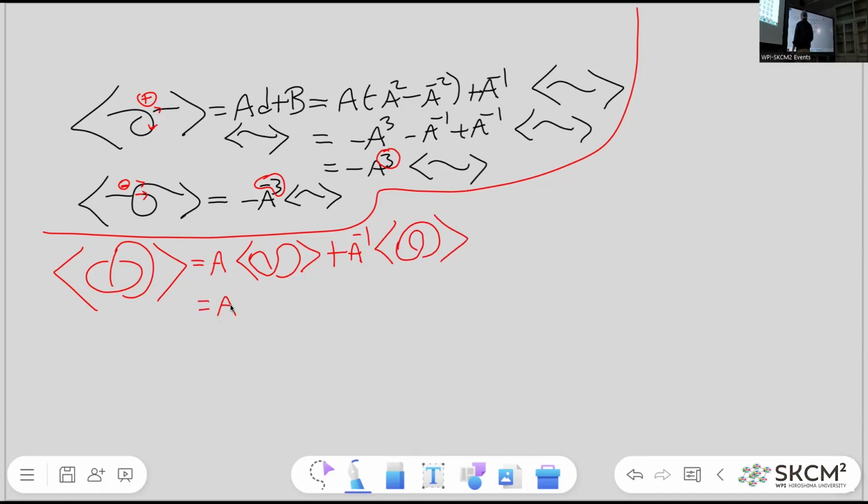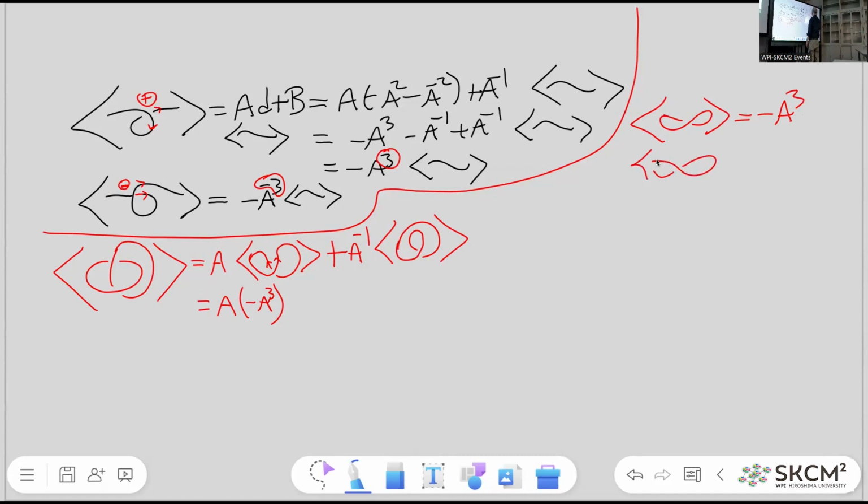This is going to be A times, what have we got here? We've got a certain kind of curl, and I orient it locally and see it's plus, so that gives me a minus A cubed times a loop, but the loop value is 1. So that's what that is. In other words, our previous calculations of these are now a little simpler. This is a minus A cubed, and this one here is a minus A to the minus 3.